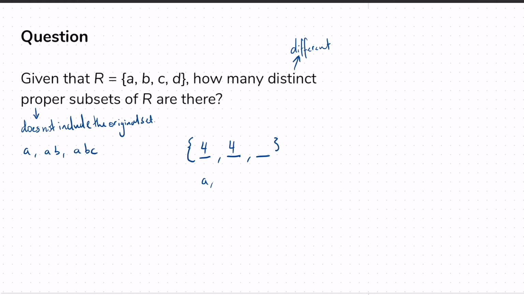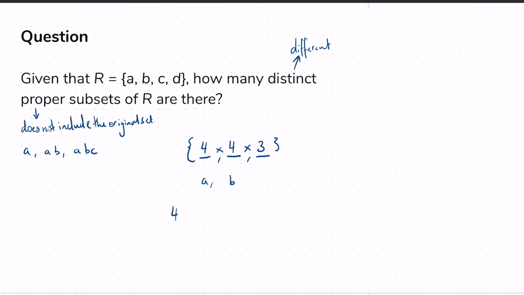So let's say that I used B. If I use B, then how many different possibilities are there for the next one? Well, there is A, B, then C, or D. So that's 2, but we can also include nothing, so 3 here. So how do I know how many distinct proper subsets? Well, I'm going to multiply these combinations together.